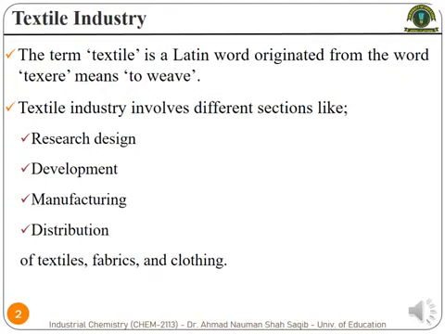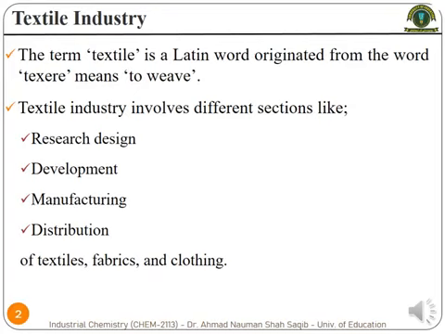And the textile industry does not only involve the process of weaving, but also the process of designing, in which first we design a product, whether we are going to manufacture some kind of fabric, or we are going to develop some kind of carpet, and whatever.